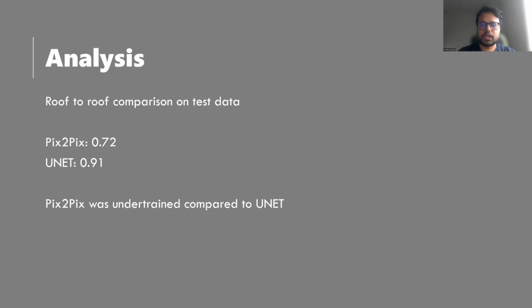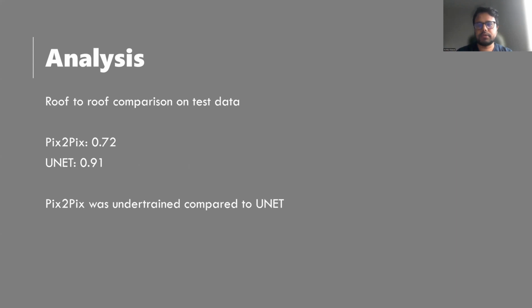So the results that we got were that for Pix2Pix and U-Net, when comparing training the models with roof images and testing with roof images, Pix2Pix seemed a bit undertrained. To put it in numbers, using the dice coefficient, we found the dice coefficient of Pix2Pix to be 0.72 and U-Net 0.91.